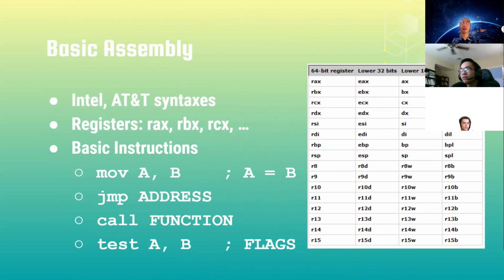You can also access the lower 32 bits of these 64-bit registers through other names. If you have RAX, you can access its lower 32 bits through EAX, its lower 16 bits through AX, and the lower 8 bits through AL. So they're basically the same register, but their size is different. They're looking at different parts of it.